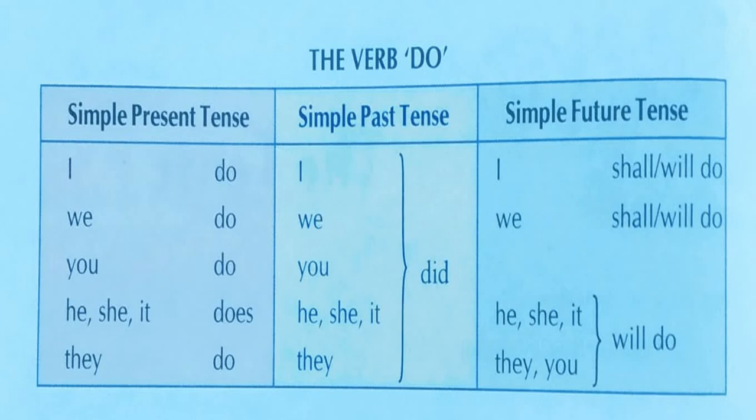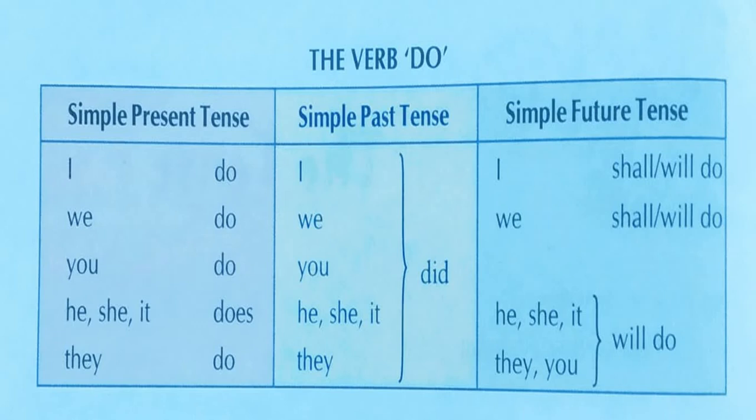And we just add will or shall. Shall we use with I and we, and will with the other nouns or pronouns. So I shall do or will do, we shall do or will do, he will do, she will do, it will do, they will do, you will do.